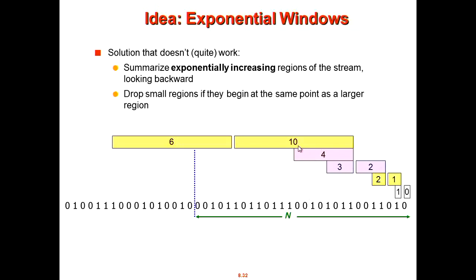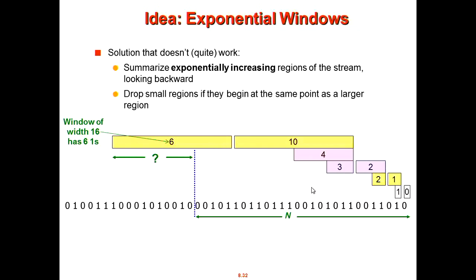Remember what we store: we do not store this data stream. We store the regions together with their starting point and their number of ones. So this is a summary of the data stream. Based on these regions, let's see if we are able to answer the question of the number of ones.